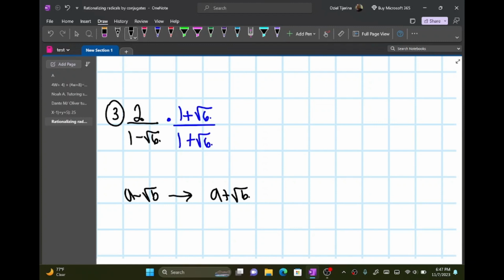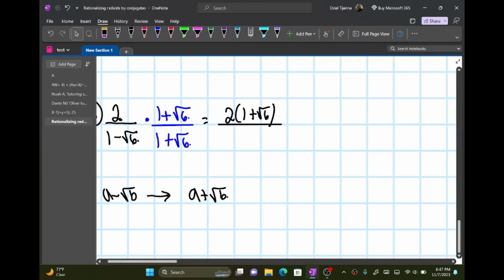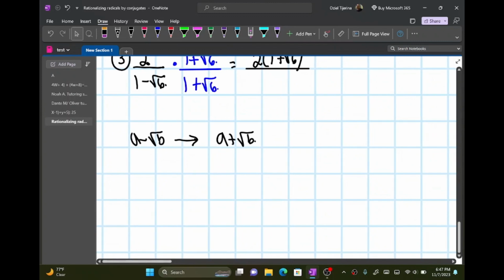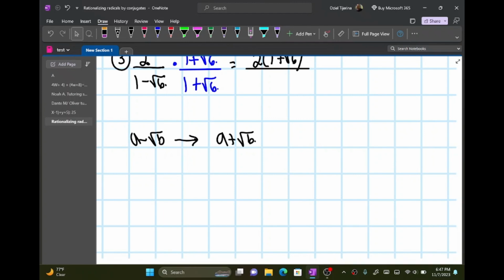And so then this will end up giving us 2 times the quantity 1 plus square root of 6 all over. And remember that here is where we have to understand the sum and difference pattern, and it's kind of why it's so important to understand FOIL method, if anything. So if y'all want to do FOIL method, it kind of helps with this stuff.